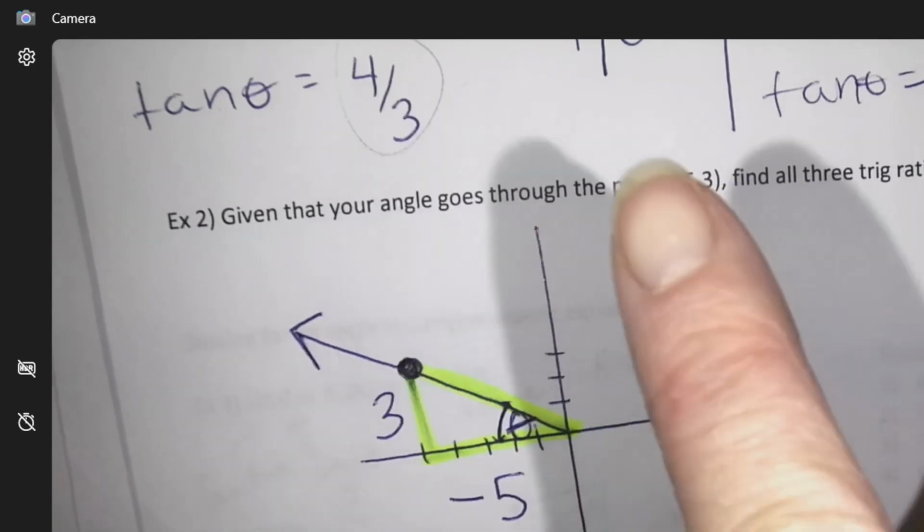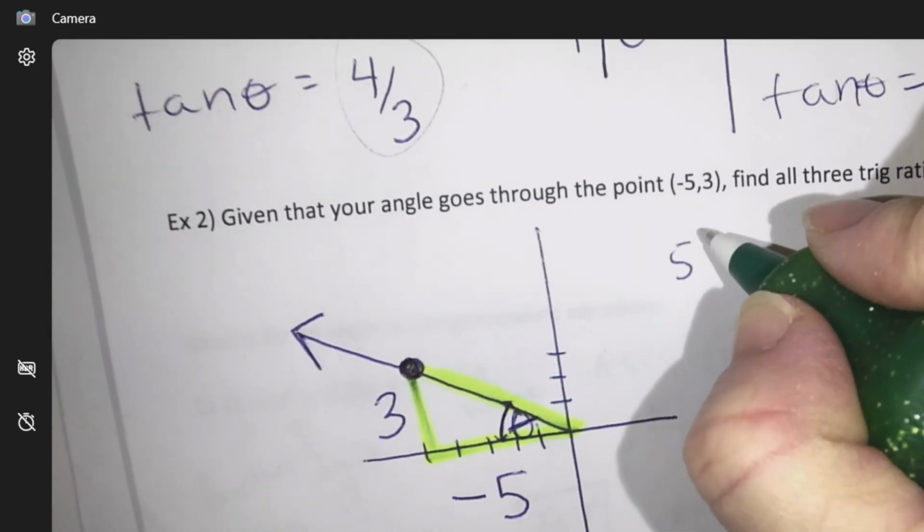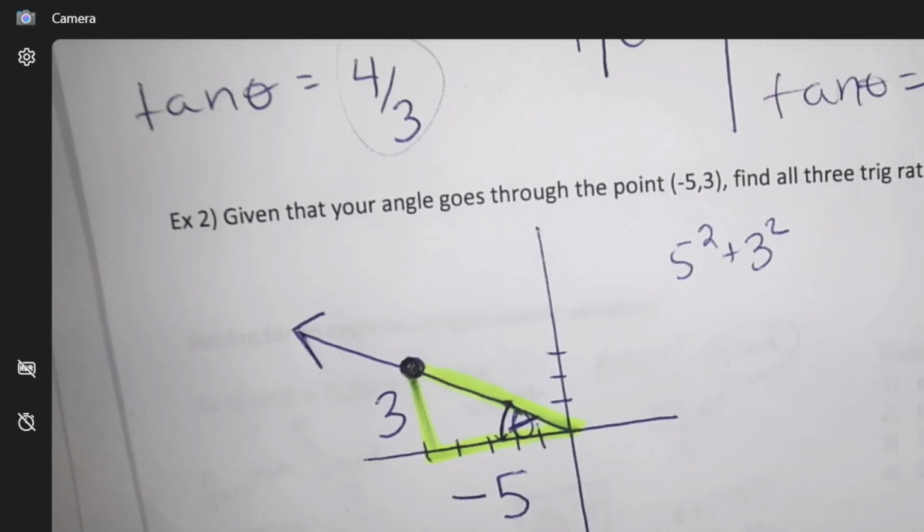Okay, so we're going to get the third side. We got to figure out the hypotenuse again. So a squared plus b squared. Do you remember me doing this on our last section? I said don't put the negatives in your math, put the negatives in your location. So I'm not using -5 in my math because it's Pythagorean theorem. I'm just trying to do the distances.